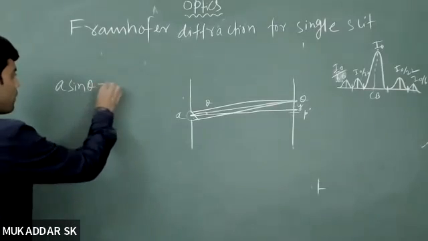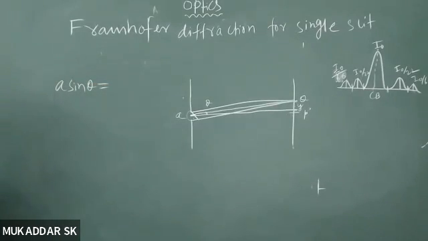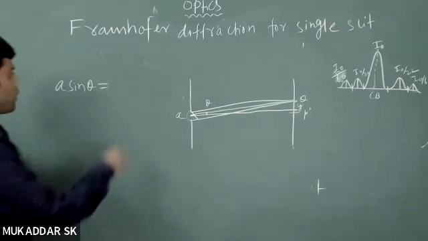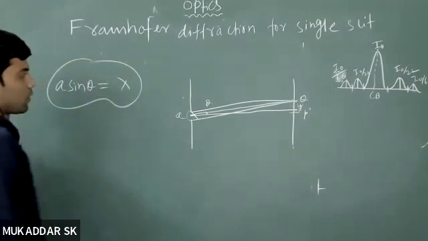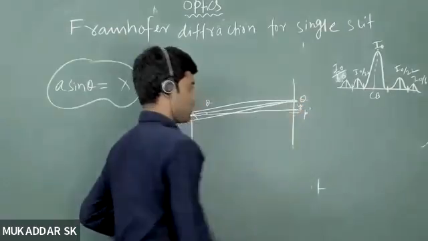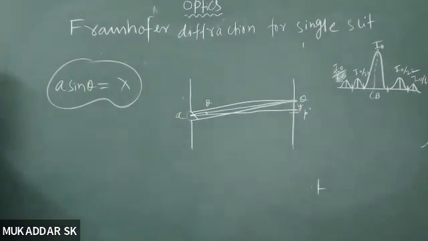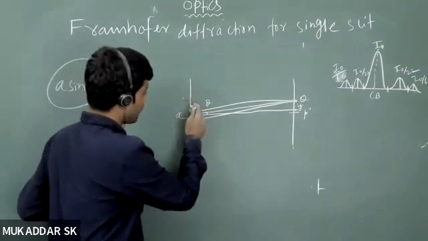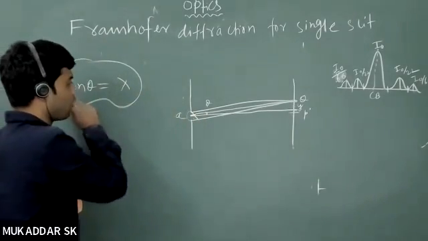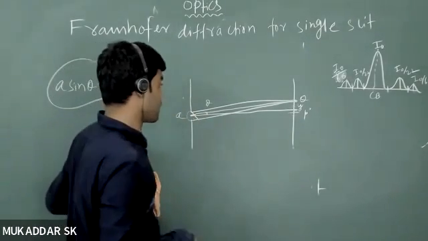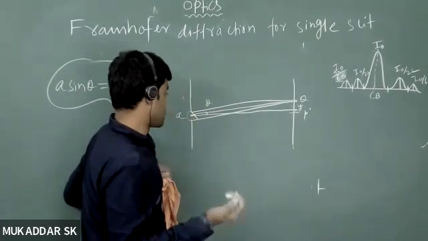ठीक है. अब मैं ये बोल रहा हूं कि अगर a sin theta equals lambda हो तो फिर क्या मिलेगा आपको? Q point will be dark. कैसे इसको प्रूव करोगे? If the path difference between ray number 1 and ray number 100 is a sin theta, how will we calculate path difference? This is like your interference thing, right?